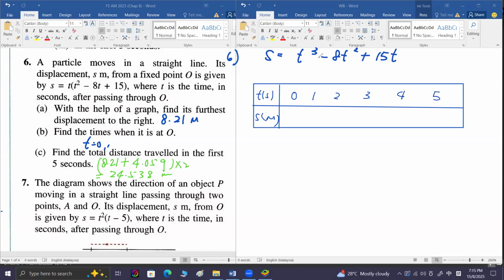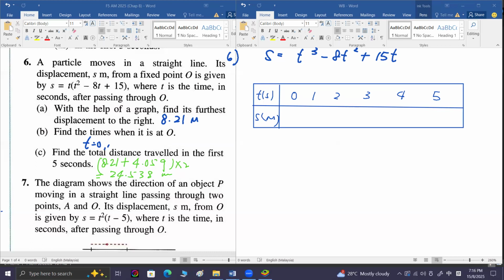With the calculator, key in again: alphabet X cube minus 8t squared plus 15t.